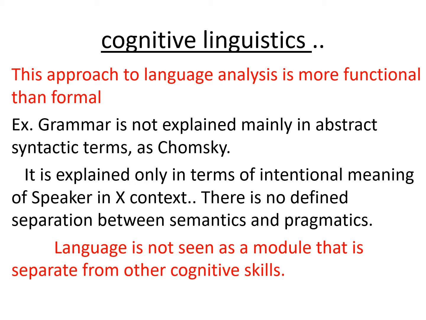Cognitive linguists do not explain grammar from this Chomskyan structuralist perspective. We care about the context where language is used. We take into account how humans use language in a particular situation for a particular purpose.